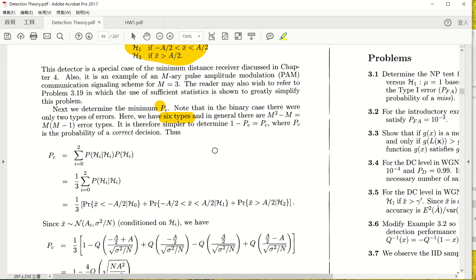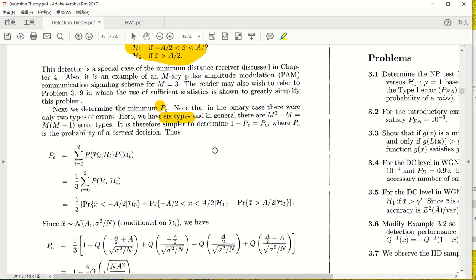Let's say the ground truth is H0. Then you're making a mistake for H1 and H2. That's two kinds of error. Now the ground truth is H1 and you're making decisions for H0 and H2, the other two. Now you have 4 errors. Now the ground truth is H2 and you're making decisions for H0 and H1. Now you have another 2 errors.